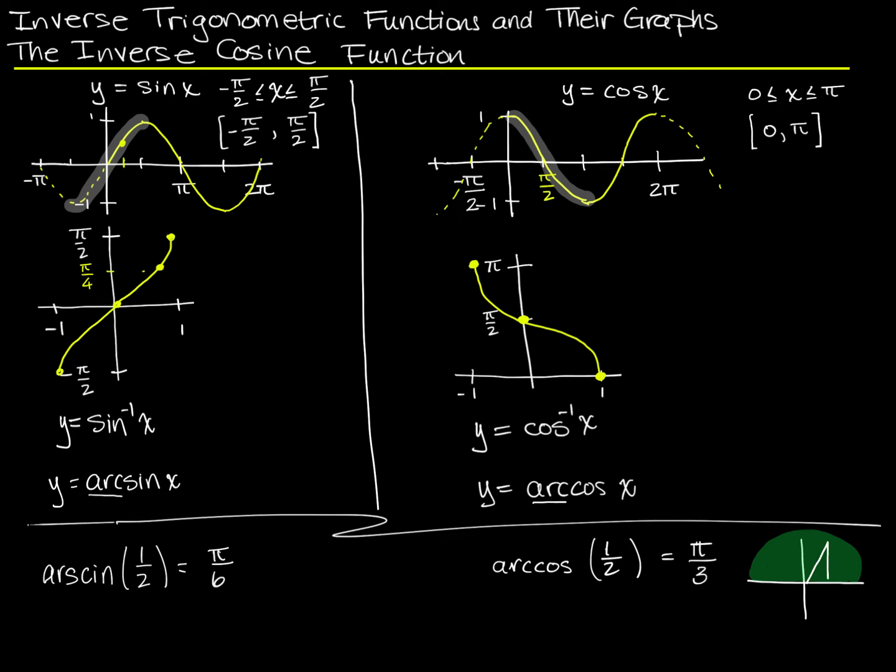So if I have an angle like this where that adjacent side is 1 and the hypotenuse is 2. And remember that all ratios are positive in quadrant 1. Only sine and cosecant are positive in quadrant 2. Tangent and cotangent in 3. And cosine and secant in 4. So the other place that the cosine of an angle is positive is down here in quadrant 4.